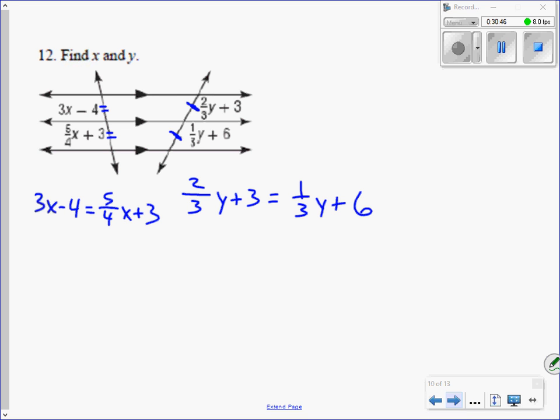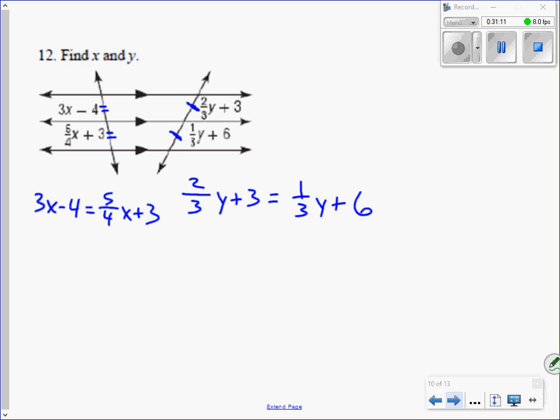If you have a fraction in the equation, if you just have one, it's pretty easy. If you multiply everything by that denominator number, you get rid of the fraction completely, like this. So I have a 5 fourths. That 4 is giving me problems. But if I multiply every term in that equation by 4, it goes away.